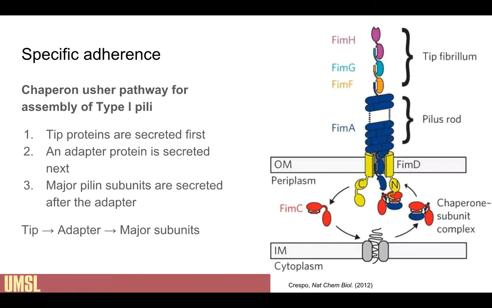The important thing is that those tip proteins, say FimH, for example, that is the first protein that's delivered to this pore, and essentially is the initiating nucleus for the formation of these following subunits. So essentially, tip, adapter proteins, and then major subunits that get added on to essentially grow this long proteinaceous structure.